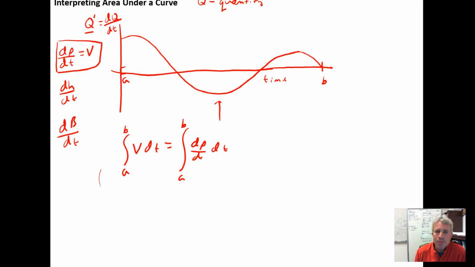So even though it's naughty, what we want to visualize is dt divided by dt being 1, and what you get is a dp, a change in position.